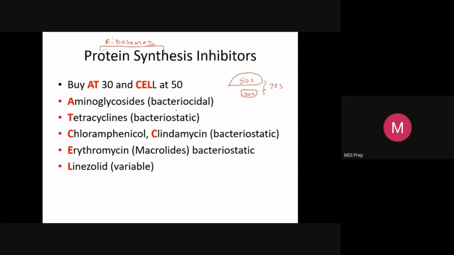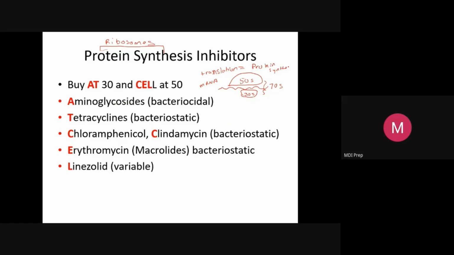That's the structure. Now, you need these ribosomes because you have this thing called messenger RNA, mRNA. The messenger RNA is important for what we call translation. Translation is what equals protein synthesis.